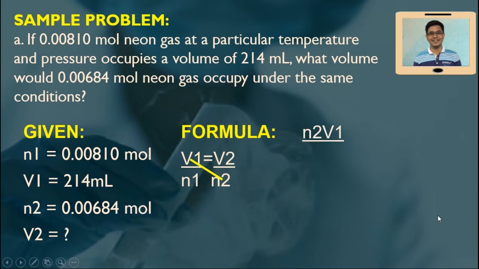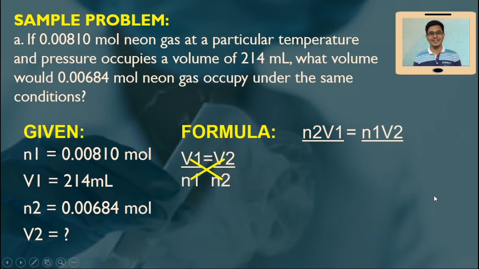Okay, so same thing, just cross multiply. We have N2 V1 and then cross multiply our N1 V2. So kahit alin ang mauna dyan, kahit V1 or N2, basta ito yung makasama sa left side at sa right side nyo. And then again, the formula that we need to have is the formula in finding our V2. Okay, kaya naman dito sa ating right side, kailangan makancel natin itong si N1.